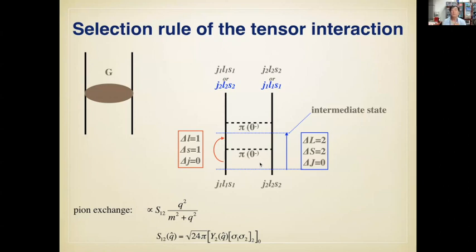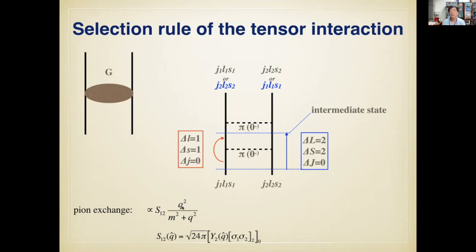Now, the point is, this tensor force gives its strongest contribution when you have two pion exchange. The reason is that if there's only one pion exchange, those lines are the same, just momentum conservation, so you cannot exchange much high momentum.